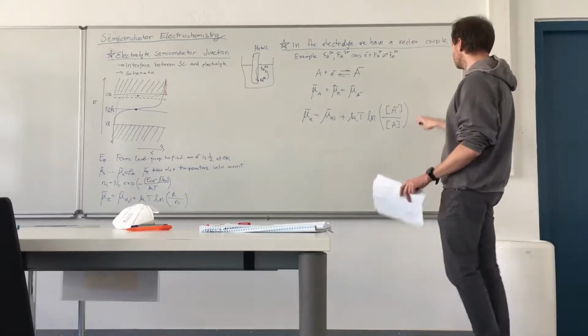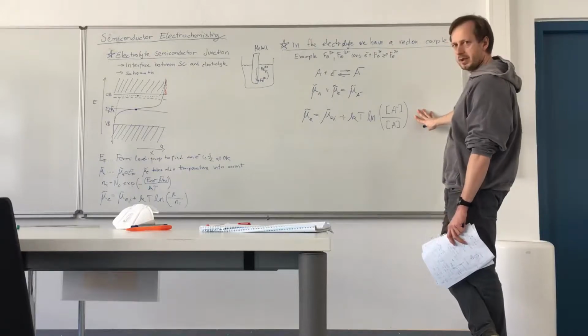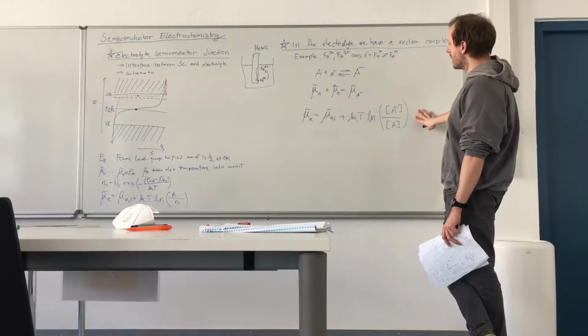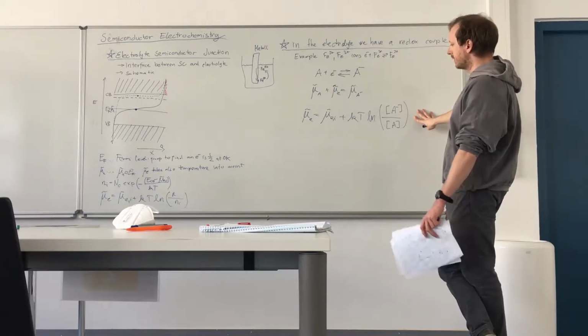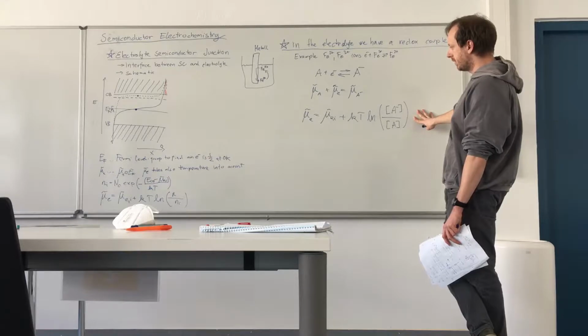So what we have here now is that we have found an expression for the electrochemical potential also in the electrolyte. And it's the same as in the semiconductor. In the semiconductor, the position of the electrochemical potential was determined or adjusted by doping.